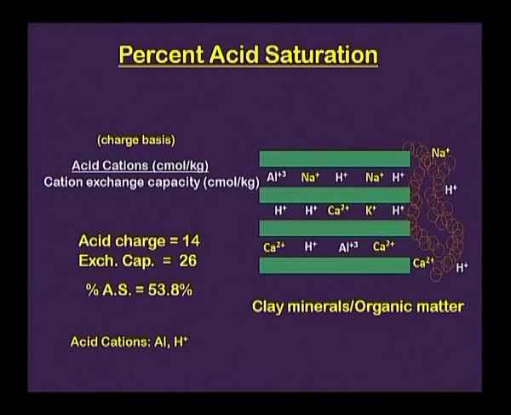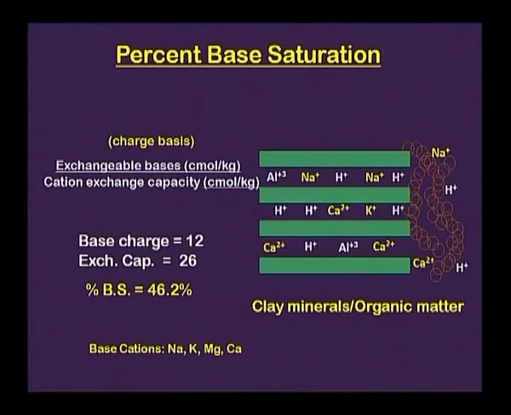The acid cations are aluminum and hydrogen. These acid cations divided by cation exchange capacity of soil give the percent acid saturation. In this example, the acid charges are 14 and the cation exchange capacity is 26, so the percent acid saturation is 53.8%. In this another example, there is calculation of percent base saturation.